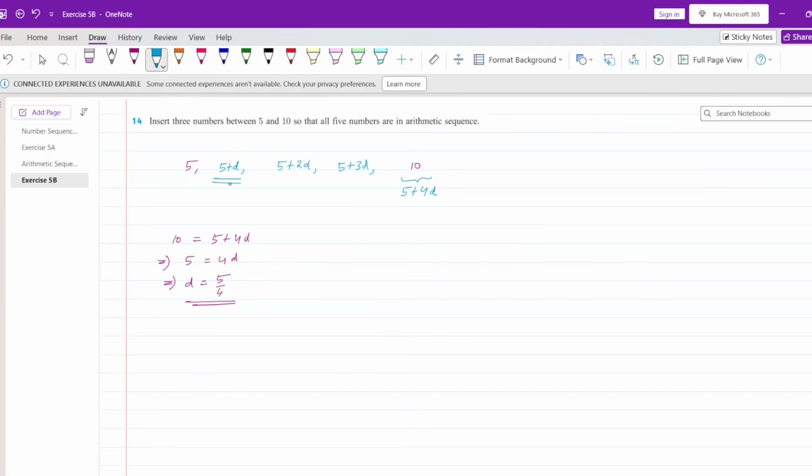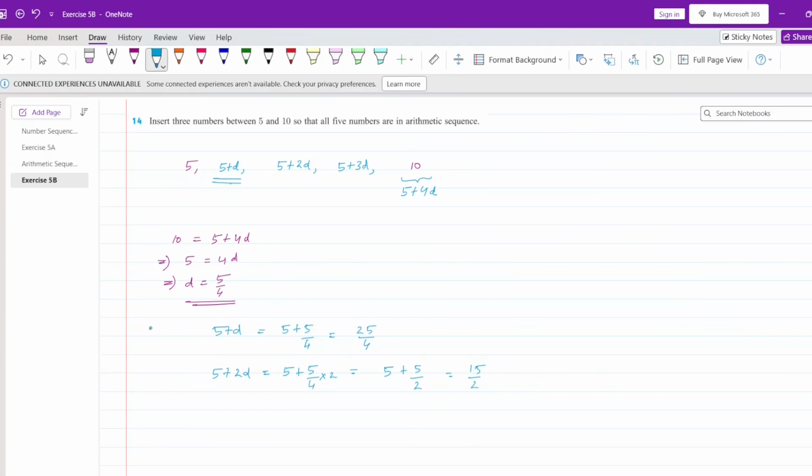This 5 plus d is 5 plus 5 by 4, that is going to be 25 by 4. 5 plus 2d is going to be 5 plus 5 by 4 times 2, and that is going to be 5 plus 5 by 2, and this is 15 by 2.